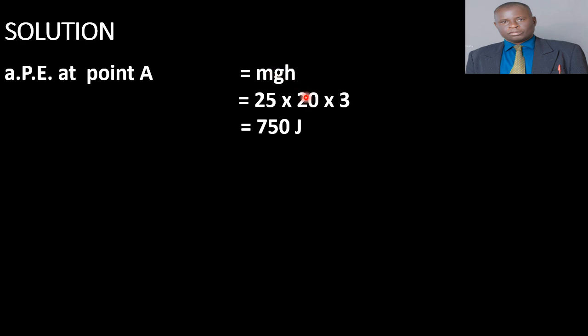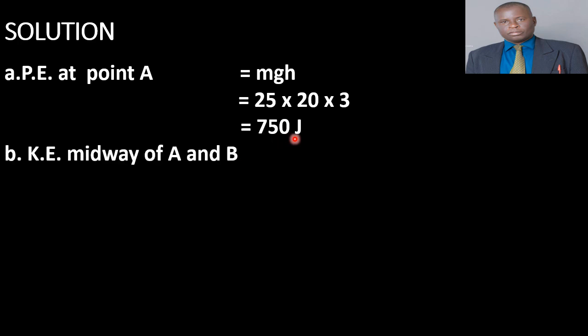Please change this to 10, so that when you multiply 25 by 10, it's going to be 250. Then multiplied by the height, the 3 meters, it's going to be 750. Please take note. The mass is 25 kgs, acceleration due to gravity is 10, multiplied by 3, which is going to give us 750.